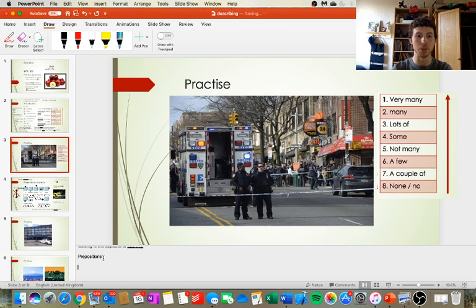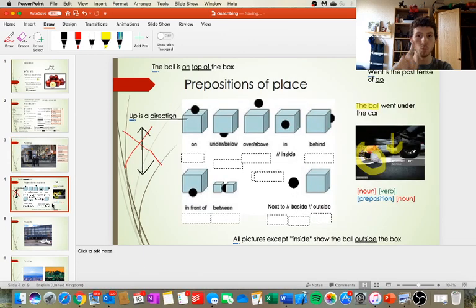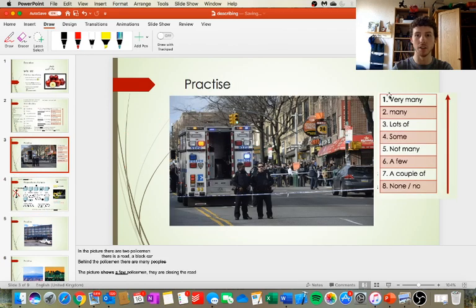So use one preposition and one of these words, how many words.